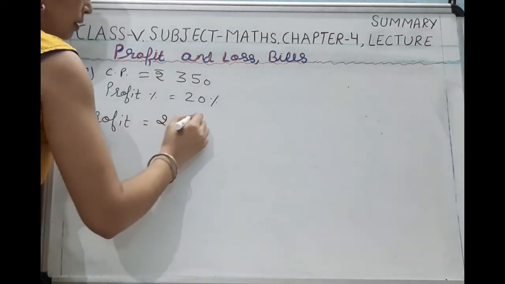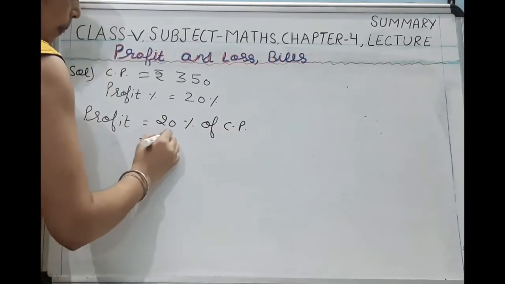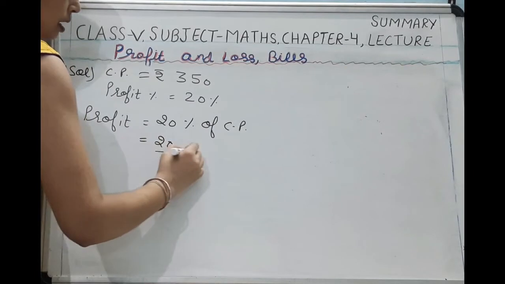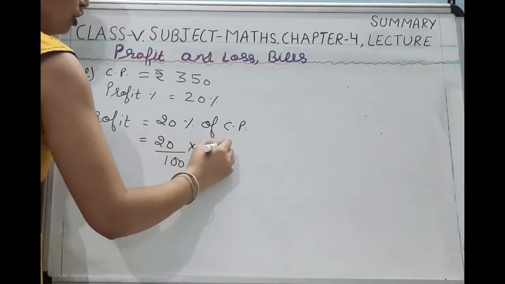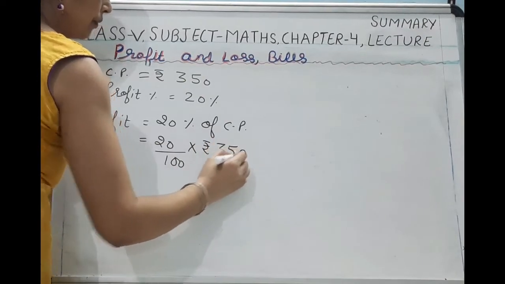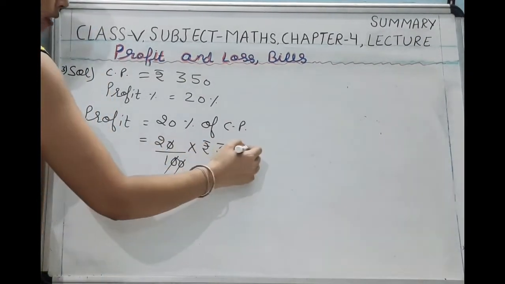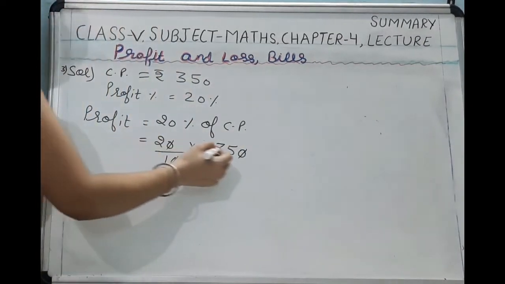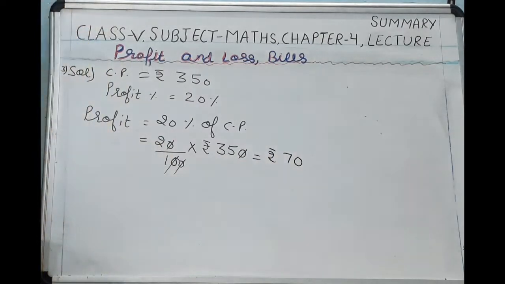So 20% of CP, cost price. 20% means out of 100. Of means multiply. Cost price, 350. Now cancel the zeros. 1 0 here and 1 from here. 35 2s are 70. So profit he wants of rupees 70, right?